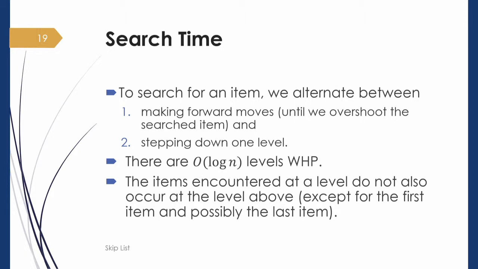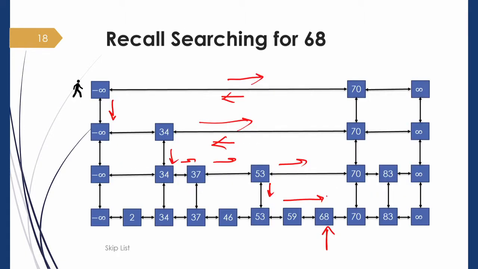Notice that when you are making forward moves within a level, let us look at the forward moves that happen. Except for the two ends, say the 34 and the 17, when we are considering this level 1, the rest of them are items that do not occur in the level above.